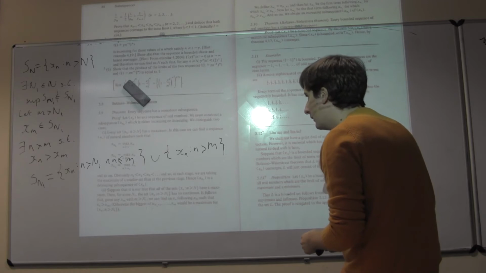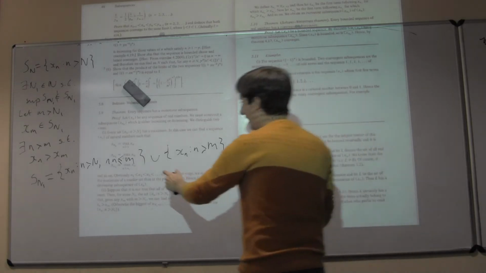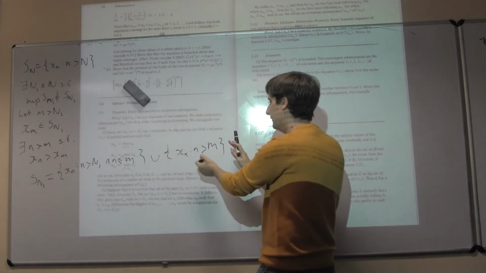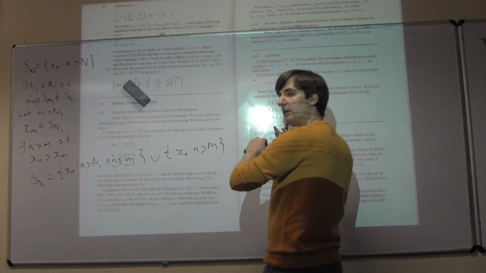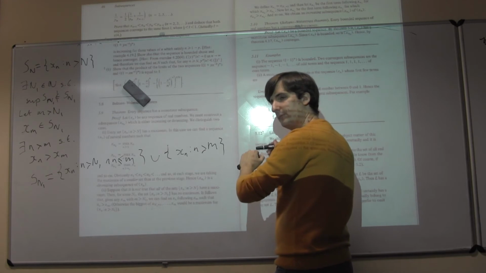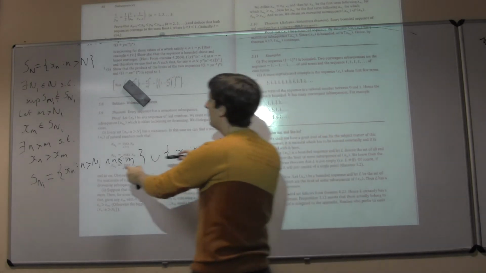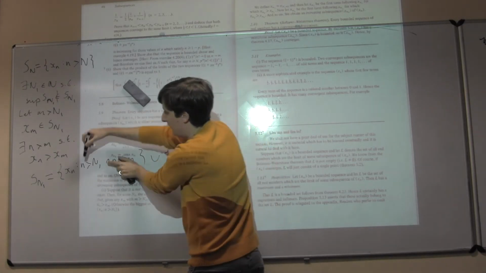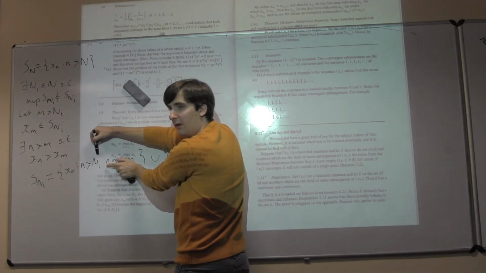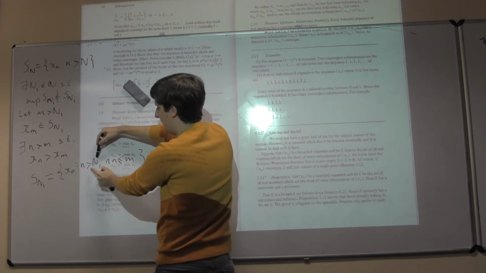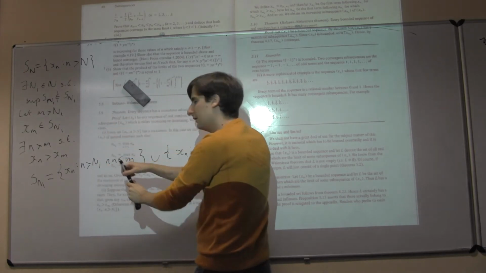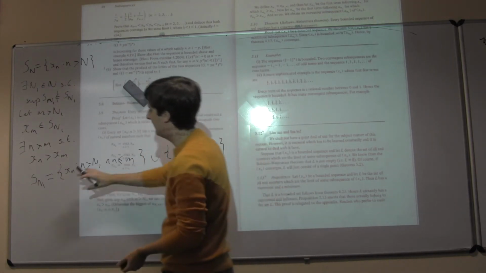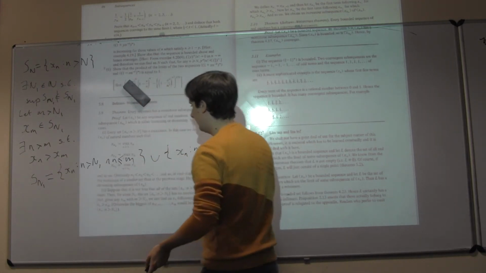So in one half we have all of the elements where n is less or equal to m, and in the other half all of the elements where n is bigger than m. If we combine that, these two bits cancel out, and we're left with all the elements bigger than N1, because n is bigger than N1. So we can think about splitting S_n1 like this.